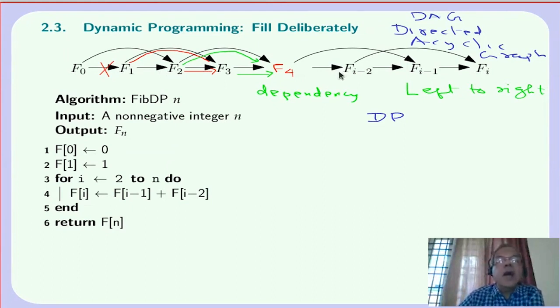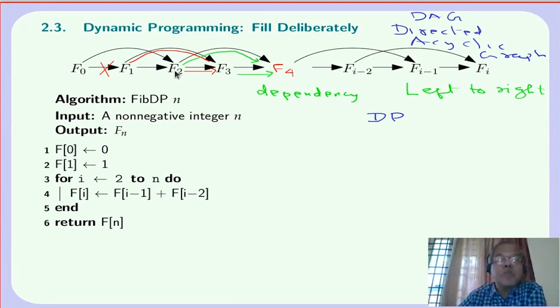Then we say, instead of computing the solutions to the subproblems using recursion, we can compute them in this order, from left to right. First, compute the solution of f of 0, that is 0. Then compute the solution of f of 1, that is 1, since they are base cases.